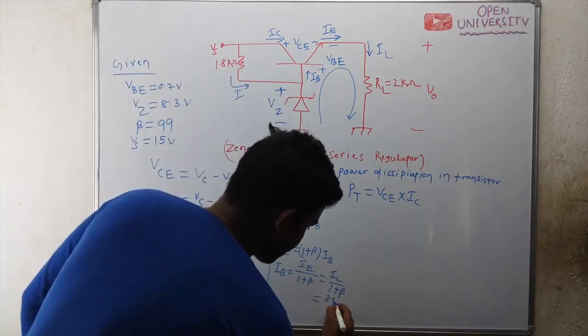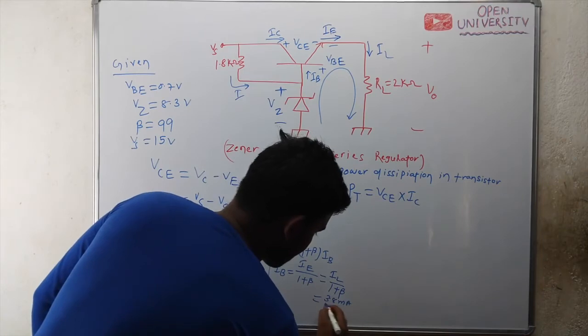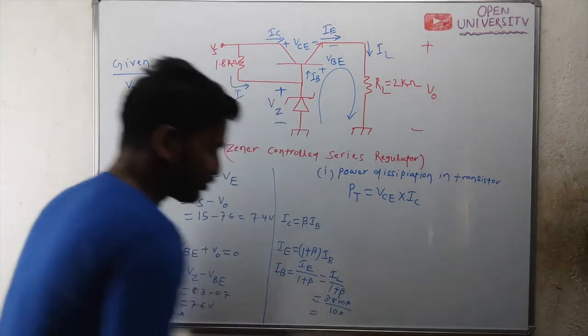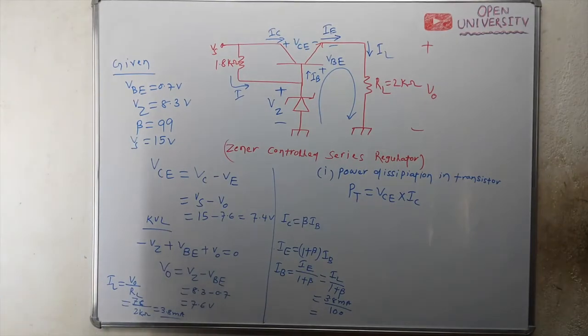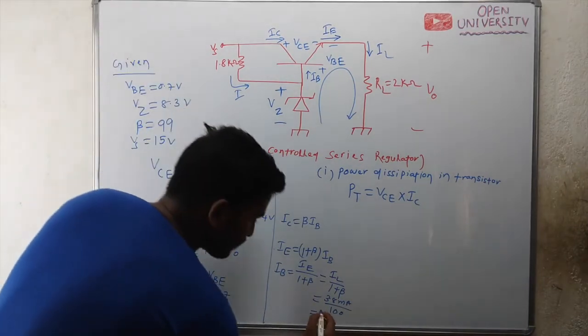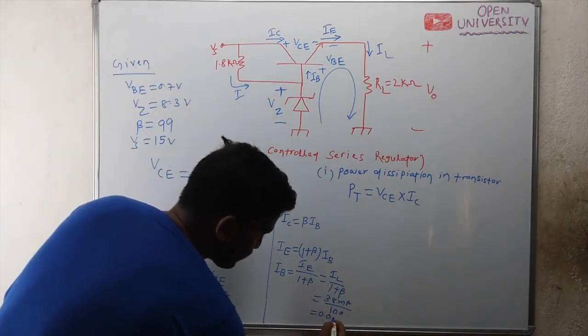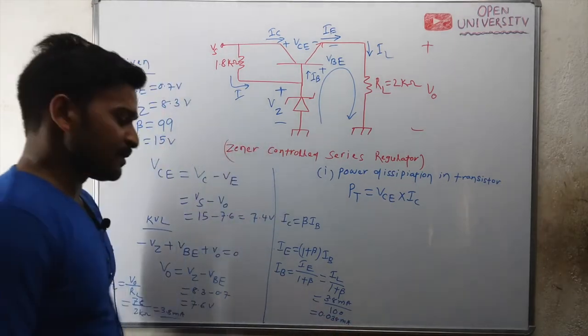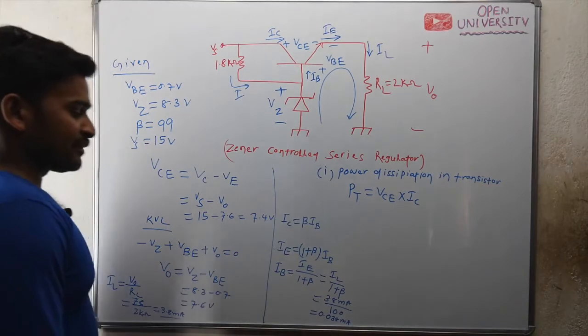So 3.8 milliampere divided by 1 plus beta, that is 100. The answer will be IB equal to 0.038 milliampere.